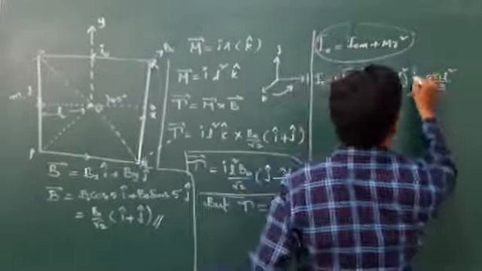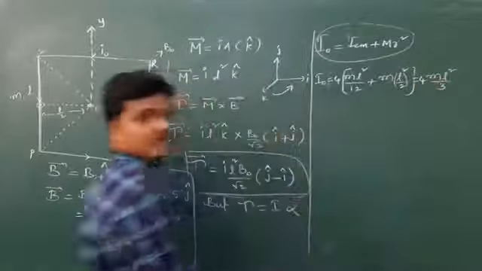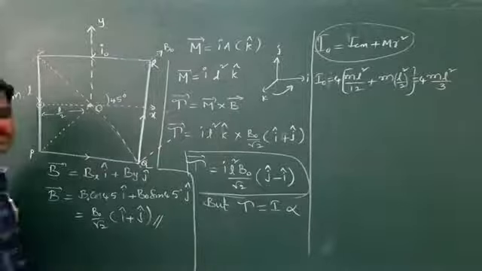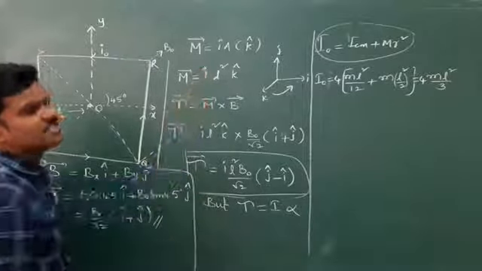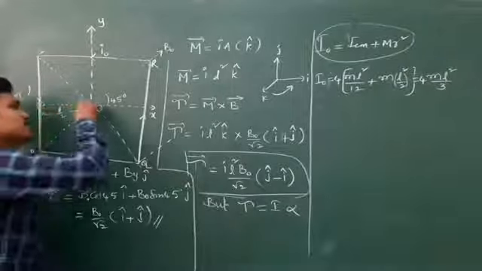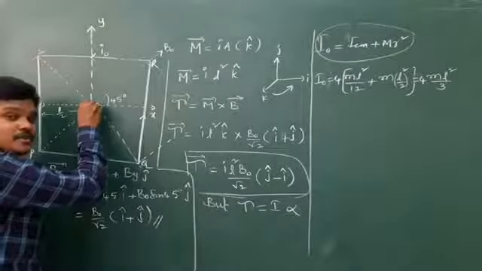Now the moment of inertia about O is 4 m L square by 3. Recall first year moment of inertia concept. 4 m L square by 3 is the moment of inertia about this point.